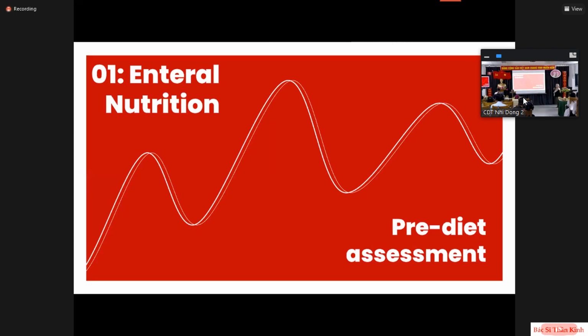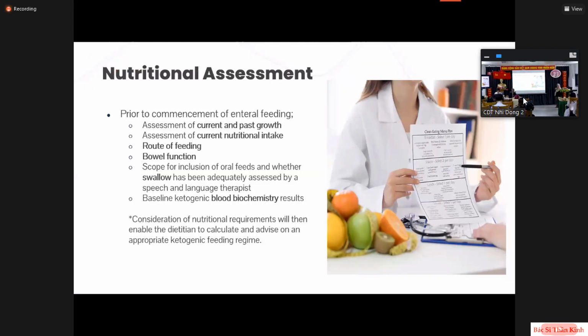So, pre-diet assessment. Before you start enteral ketogenic diet, you must assess the patient, whether it can be done by the dietitian, nutritionist, or maybe the physician, the neurologist. Prior to commencement of enteral feeding, we assess the current and past growth, their weight, height, the current nutritional intake, route of feeding, bowel function, whether it is good to start enteral nutrition, scope for inclusion of oral feed, and whether swallow has been adequately assessed by the speech therapist.